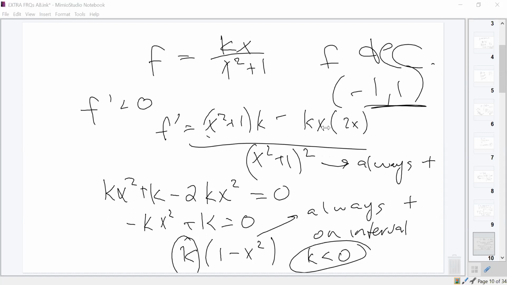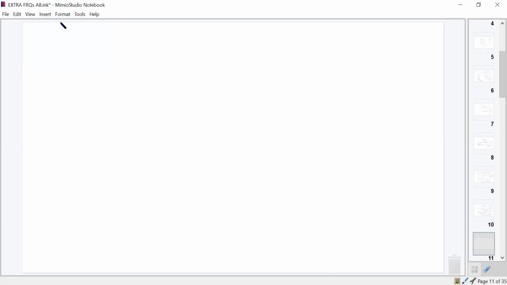Okay, next one we got here, it's in the assignments folder, is something similar to number 20 from 2012. Okay, let me look at that. Oh, the inverse one, okay.